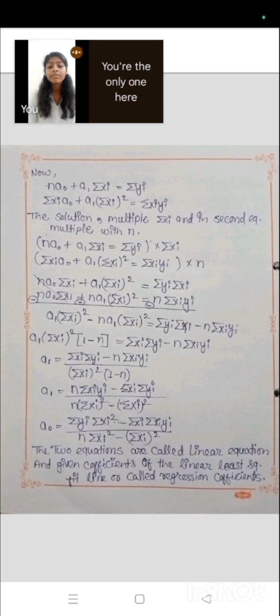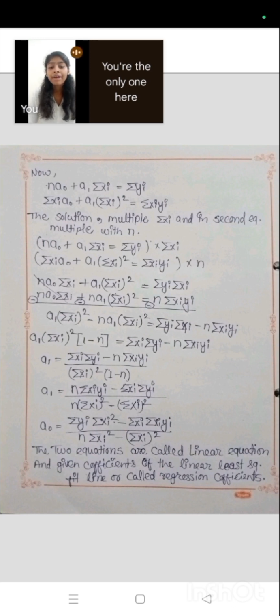So a1 value is equal to summation of xi yi minus n summation of xi yi upon summation of xi whole square minus. We take a common 1 minus n, so we multiply the 1 minus n with the common value inside.